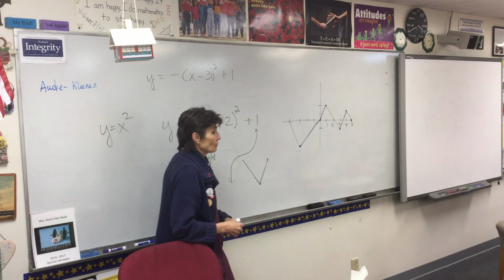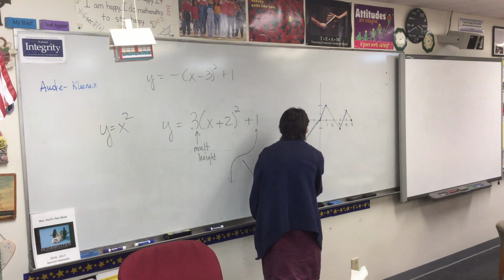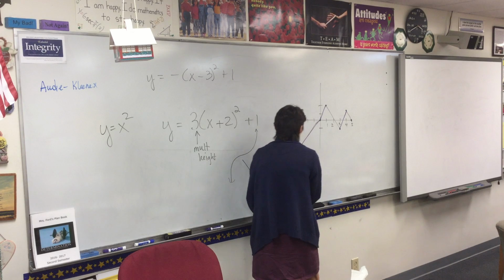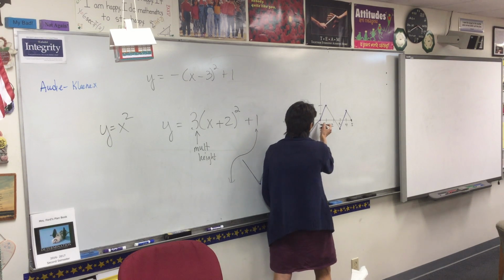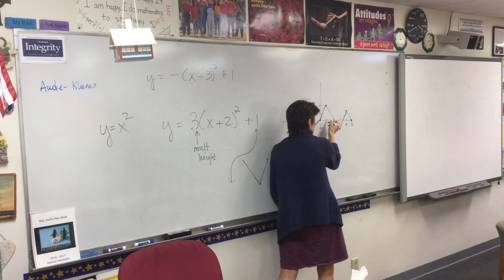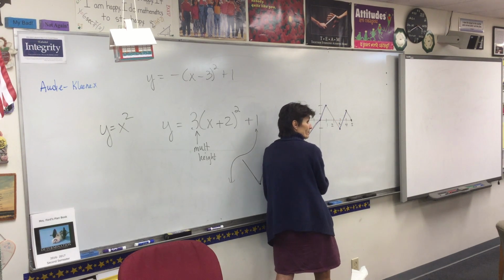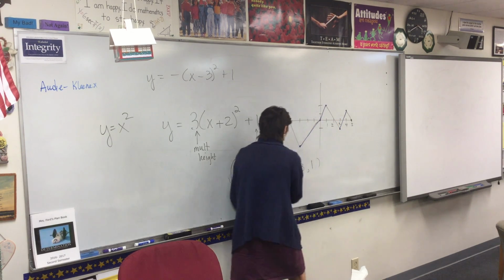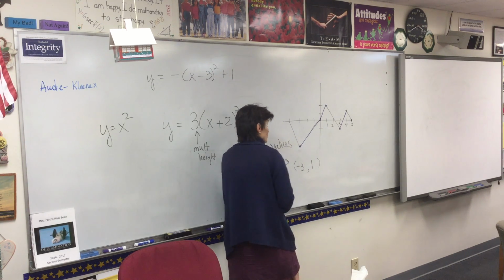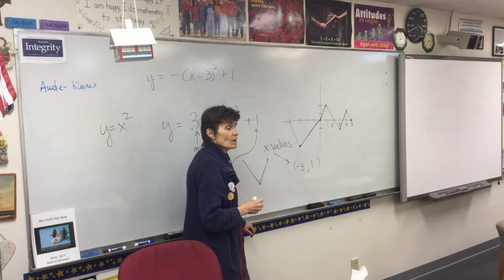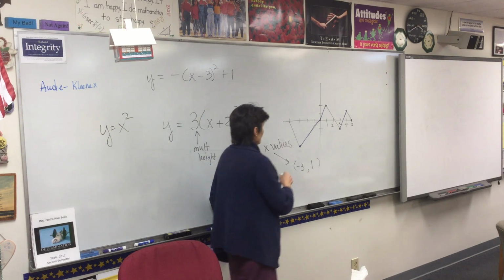So what are the intervals? We're moving left to right. So we start going up at x equals -3. And we stop going up when we get to x equals 1. Make a note, these are x values. Which x values?